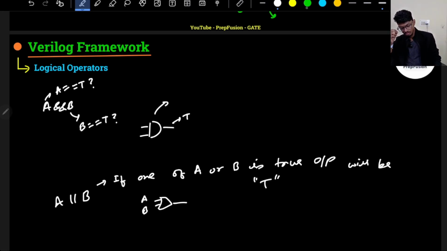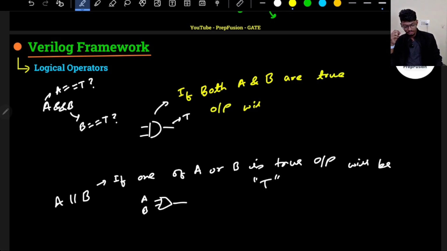Here, if both A and B are true, output will be true. Now I hope you understand how the name OR came, right?